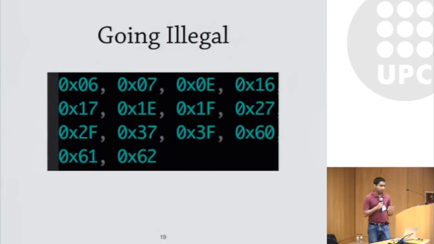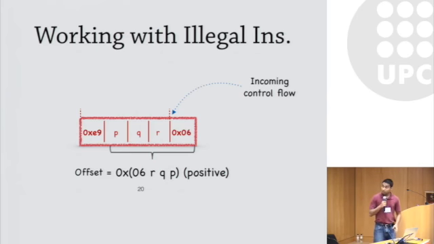But this is not the end of the road, because in x86 64-bit, there are 14 single byte illegal instructions, which can also generate signals. And more importantly, these illegal instructions do not cause negative offsets when you add this particular byte portion.